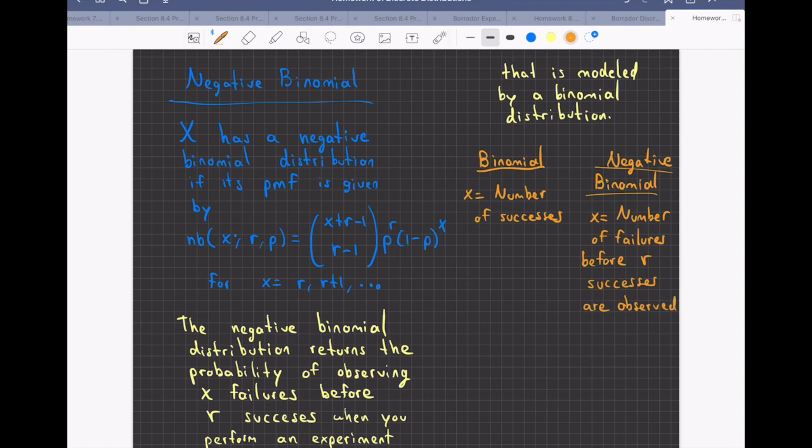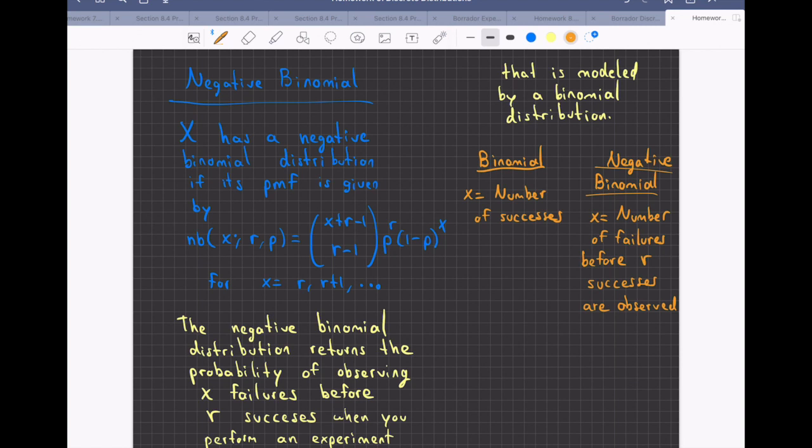So for one it is the number of successes and the other one focuses on the number of failures, or more, we can say that the binomial focuses on the number of successes and the negative binomial focuses on trials. How many times do we need before we can see the second? Well, for example, when we toss a coin 5 times, how many trials do we need to observe, or at what trial are we going to observe the second head?